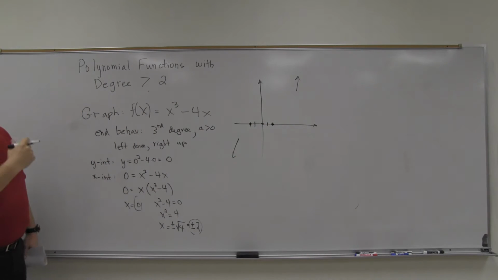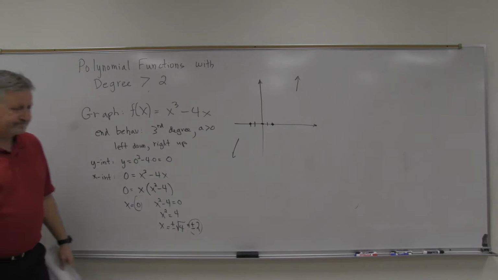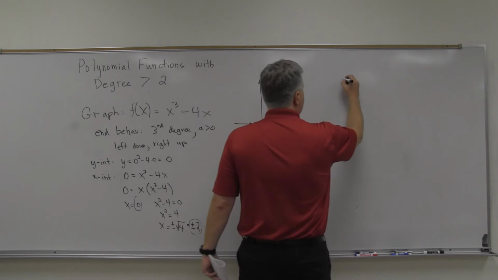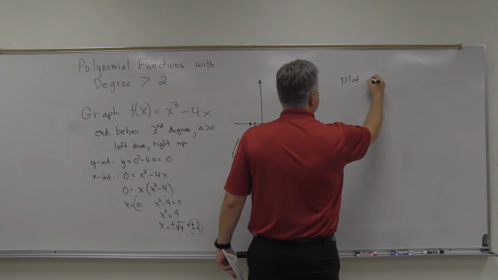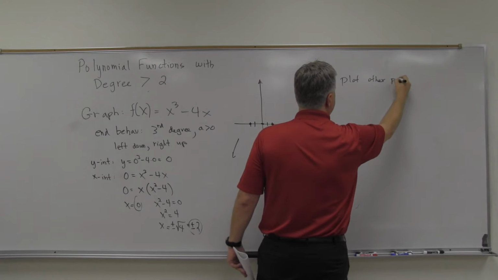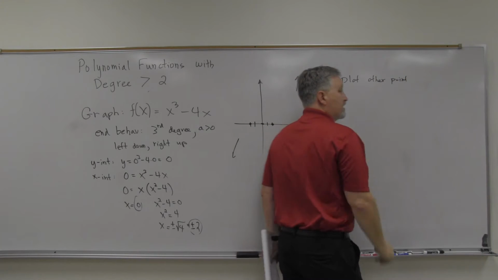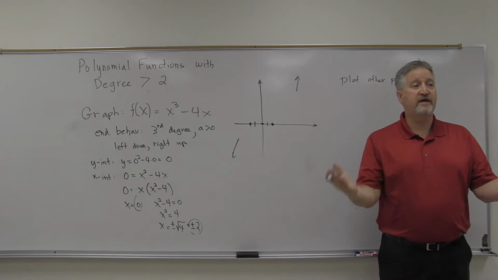All right, pretty good information, but to get the rest of the graph, let's plot some other points. Specifically, what I'd like for you to plot are points between the x-intercepts.